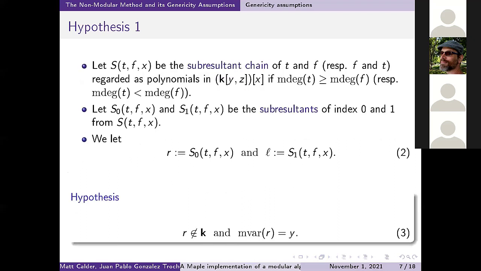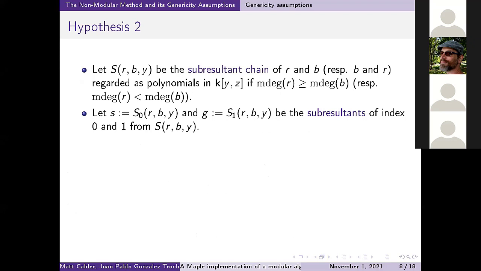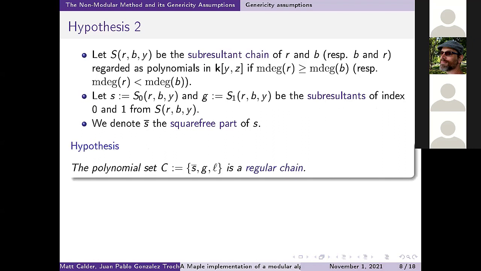Our first assumption is that r is going to be non-constant with main variable y. Now let s and g be the subresultants of index 0 and index 1 between r and b, and denote by s bar the square-free part of s. Our second hypothesis is going to be that the set s bar, g and l will form a regular chain.